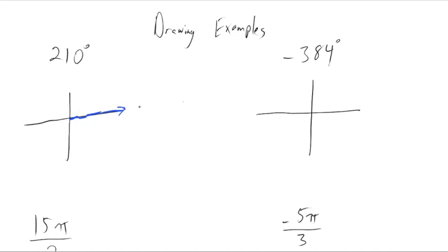The first thing I want to know is, do I need to start by going up, or do I need to start by going down? So this is my first question: if my angle is positive or if my angle is negative. We have a positive angle here, so that means I am going to be drawing this angle by starting to go up.